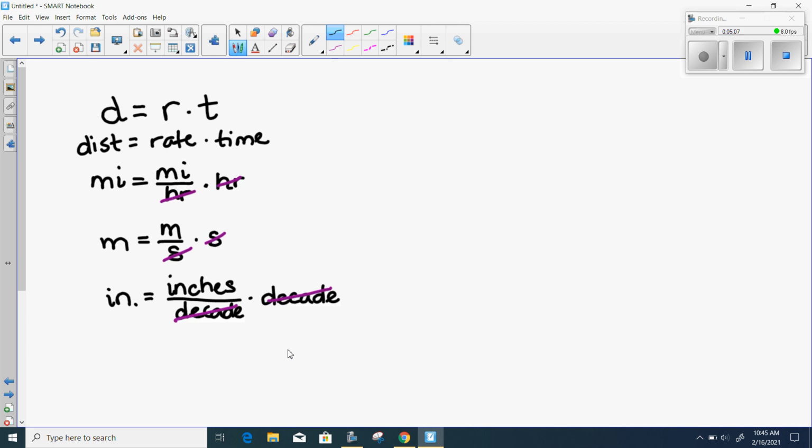In many distance problems, your rate is given in something like miles per hour. But your time is given to you in minutes. It'll say 30 minutes later, or 15 minutes later, or 20 minutes later, or 10 minutes later.